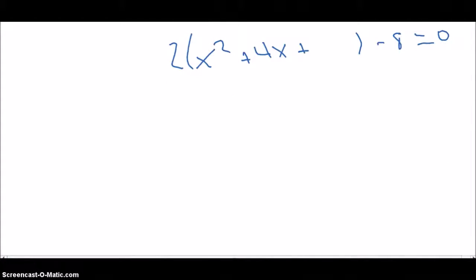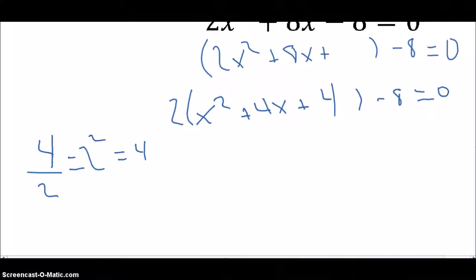Now we're going to take the b term, which is the positive 4. We're going to take the 4 divided by 2. That gives us 2. Then square it. That gives us 4 again. So we're going to add 4. Now, something very important here is, did we add 4 or did we add something else? If we did the rainbow rule, 2 times 4, that's 8 instead of 4.